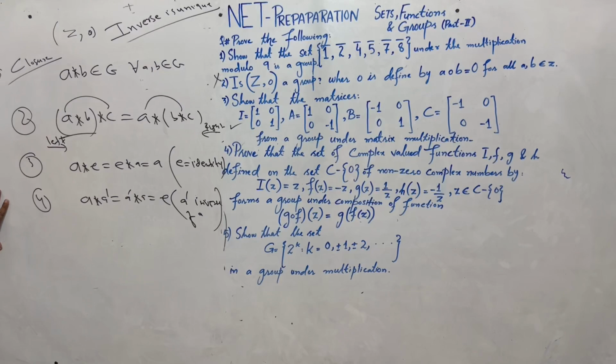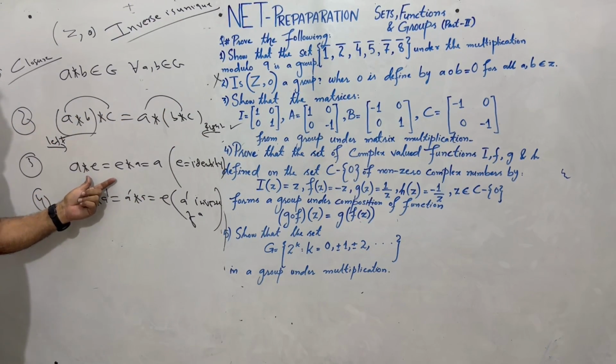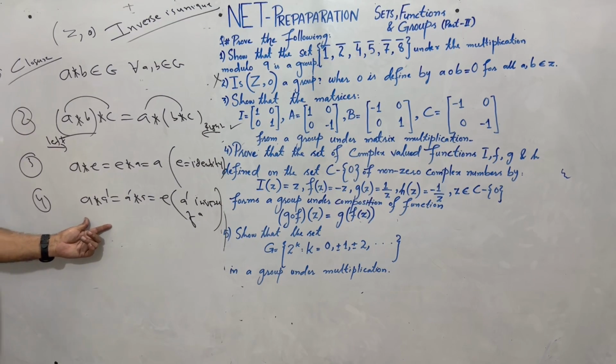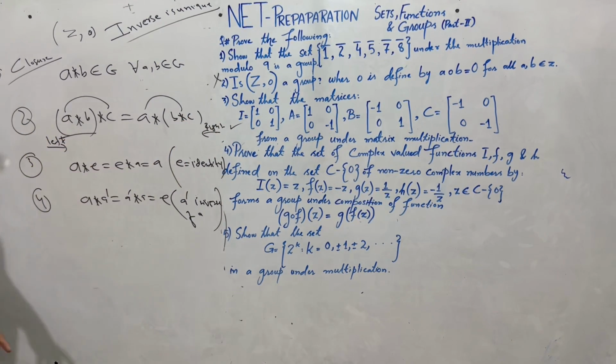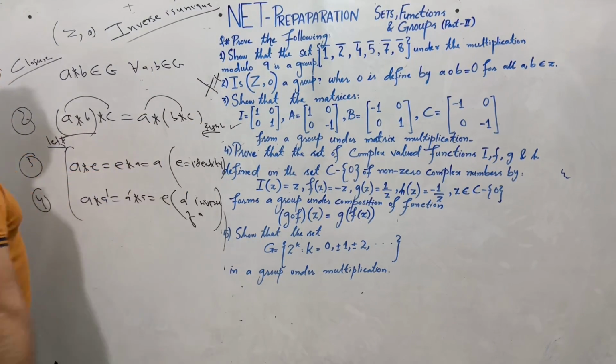These are the four requirements for a group. In that case, we are not in a position to find identity. Identity fails. Second, inverse is not unique. That's why it is not a group.